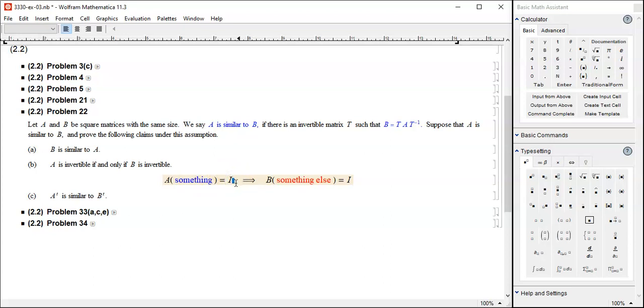So A times some matrix is I. Excuse me, what am I saying? You don't have to figure that out. This is an assumption, and this red part is something you have to figure out.